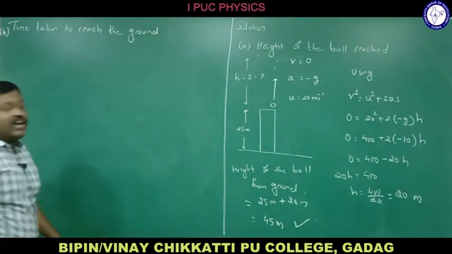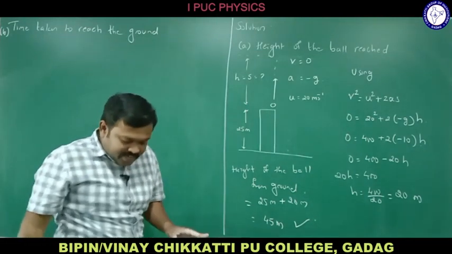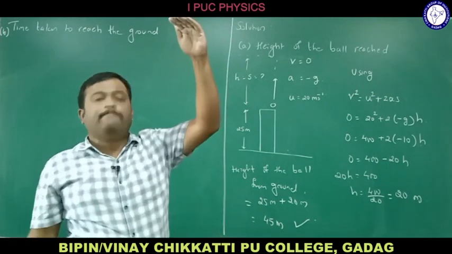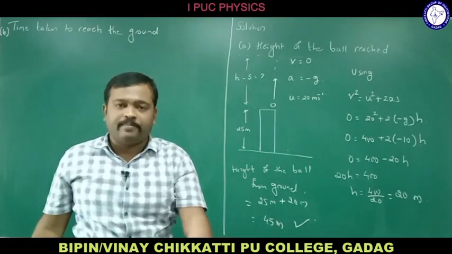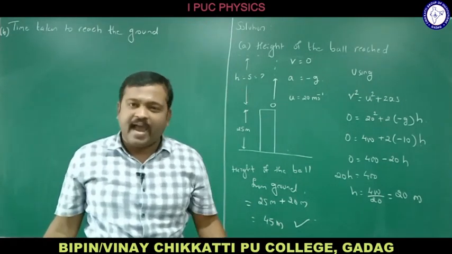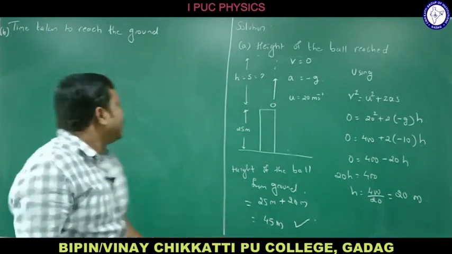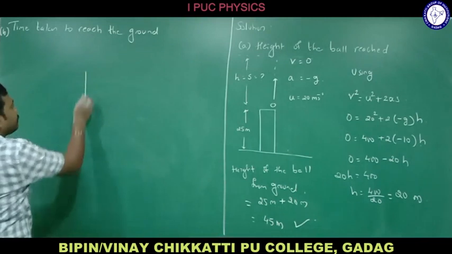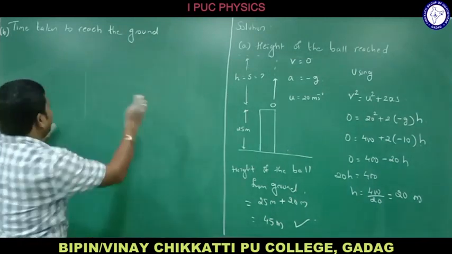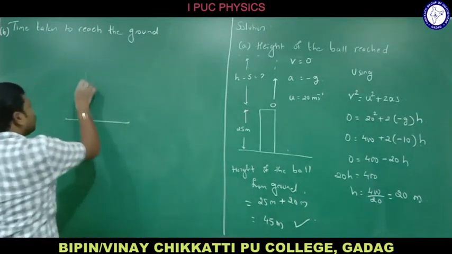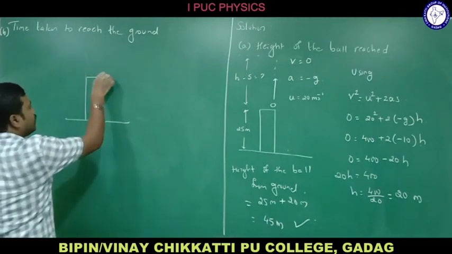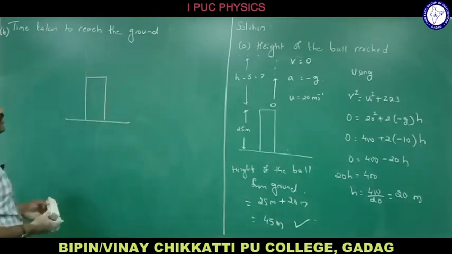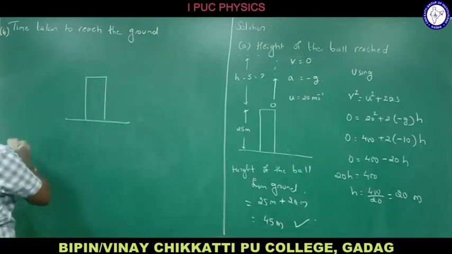Right. Okay. First of all, let us take how much time it takes to go up. Then let me take how much time it takes to come down. Let me add both. Now let me consider this is a ball. See here, this is a building. If I am considering this is a building, let me take two cases.